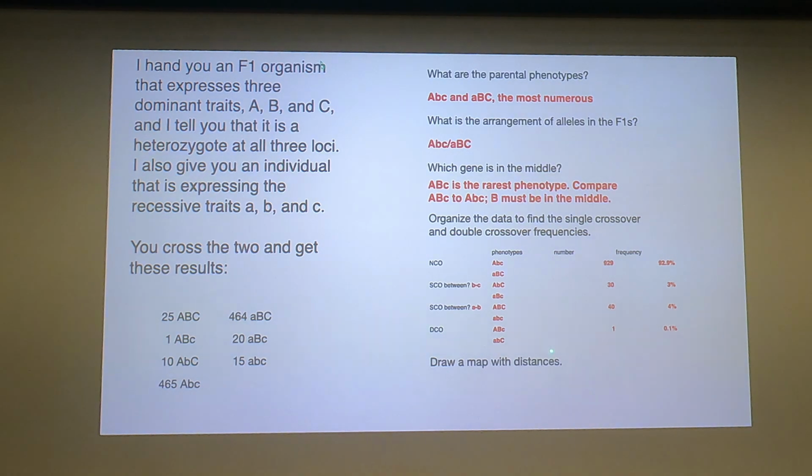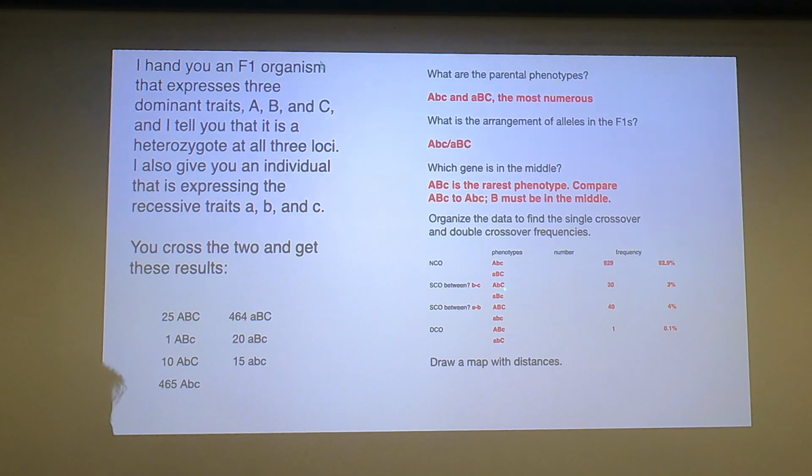So once you get them into these categories, then you can say, okay, this one represents a crossover between B and C, right? Because if we compare this to this one, for instance, there's a non-crossover. It's big A, little b, little c. This one is big A, little b.